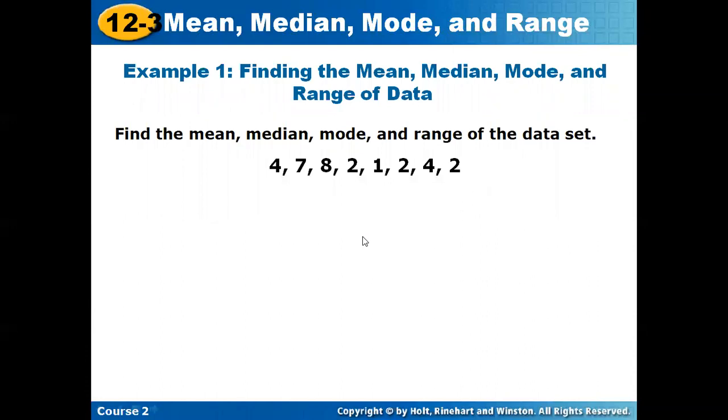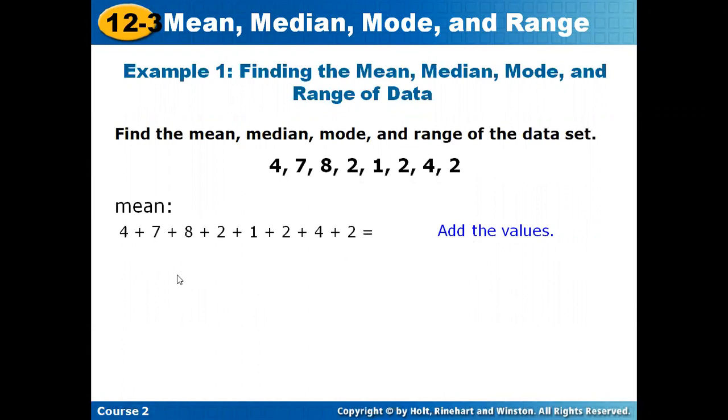Let's have this example. Find the mean, median, mode, and range of the data set. We have 4, 7, 8, 2, 1, 2, 4, and 2. So when you find the mean, we simply add the values. We're going to add 4 plus 7 plus 8 plus 2 plus 1 plus 2 plus 4 plus 2.